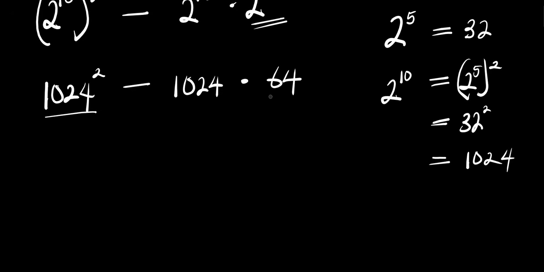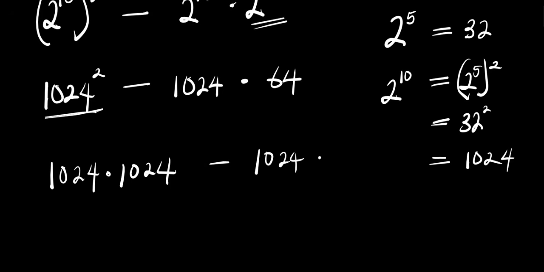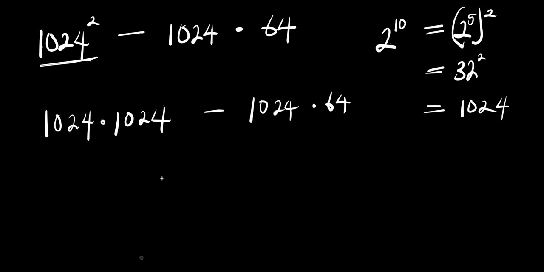So what do we do? Now I can express this as 1024 times 1024 minus 1024 times 64. So the common term here is 1024. It appears on both sides.